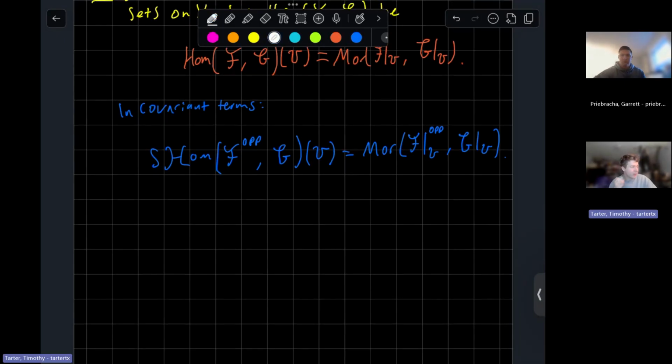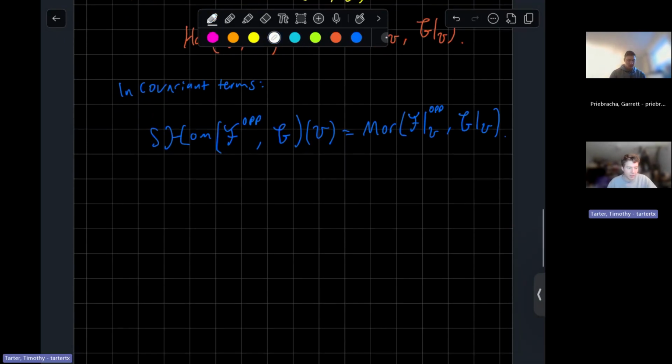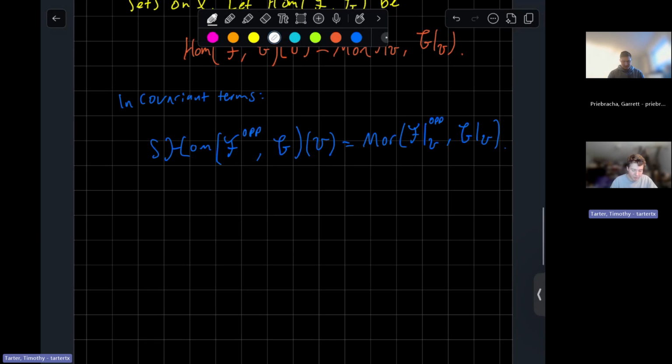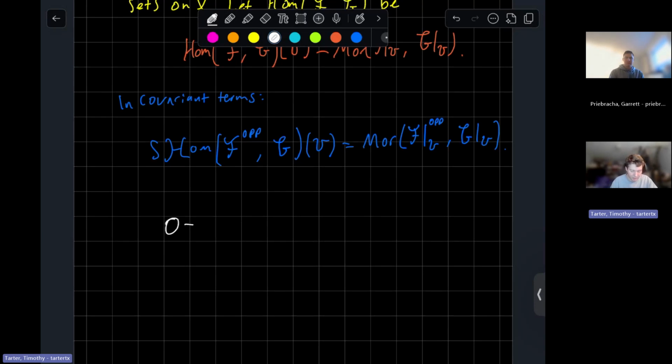So when we defined cohomology of sheaves, we talked about how you can induce cohomology from a chain complex, like 0 into dot dot dot into A^(i-1), A^i, A^(i+1).